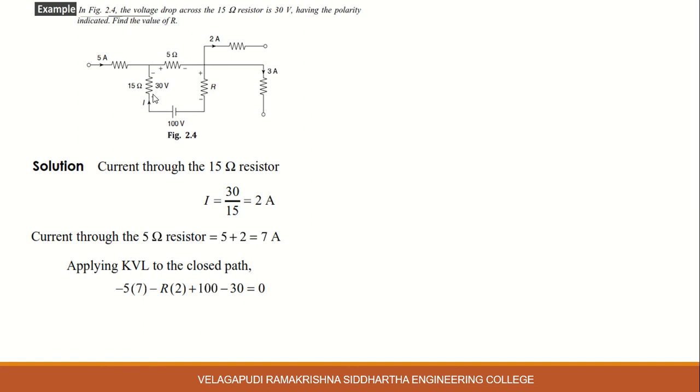Okay. And the voltage drop across the 15 ohm resistor is 30 volts. So positive to negative, a fall in voltage. So negative sign, minus 30, equal to 0. Simplifying this equation, we get R as 17.5 ohms. So the value of the resistor is 17.5 ohms.